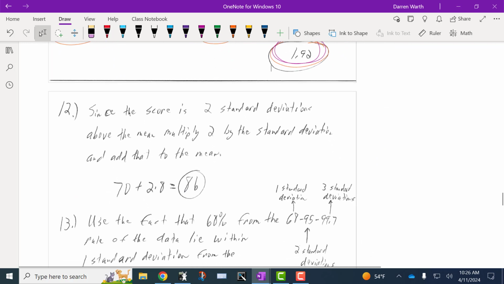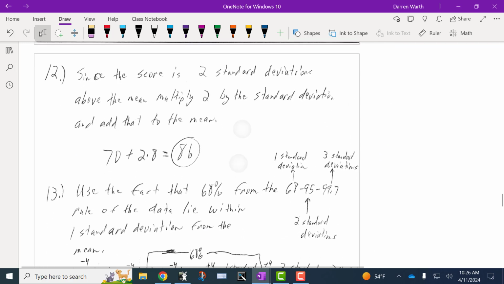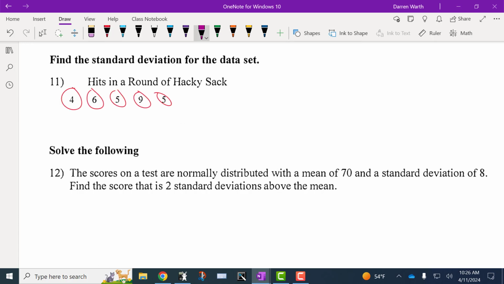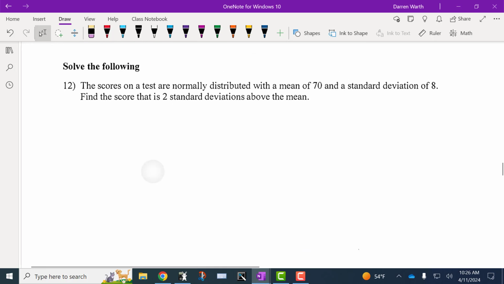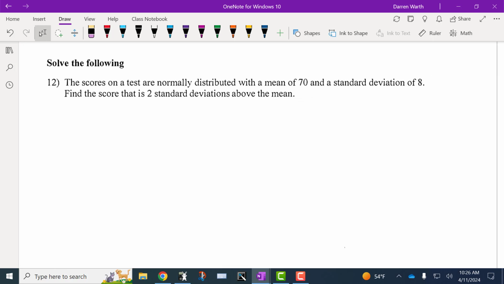Okay, now this next problem, number 12, let's see what our review says. It says solve the following. The scores on the test are normally distributed with a mean of 70 and a standard deviation of 8. Find the score that's 2 standard deviations above the mean.